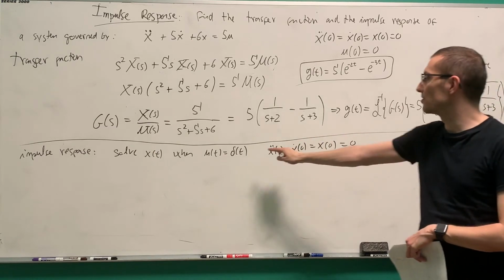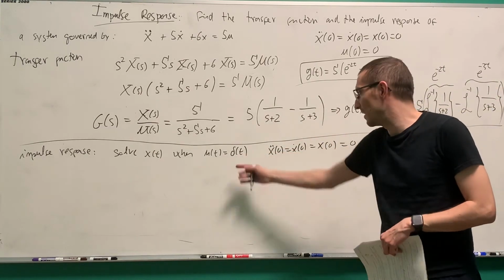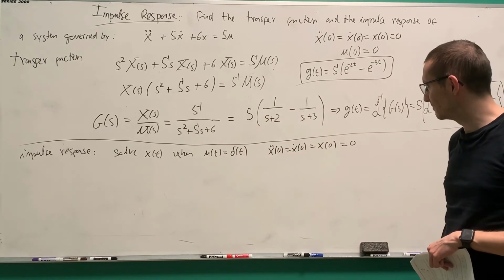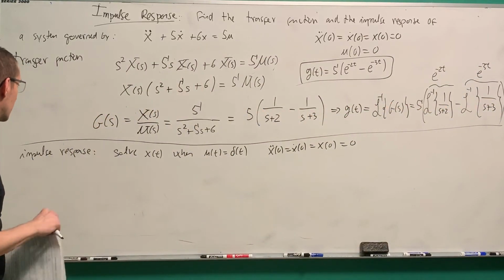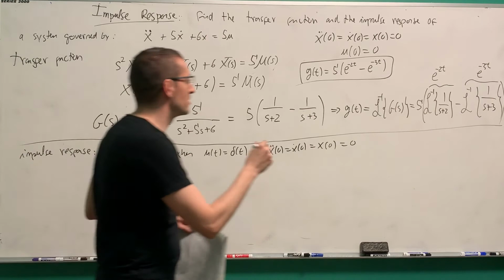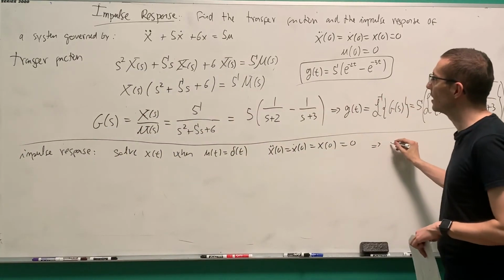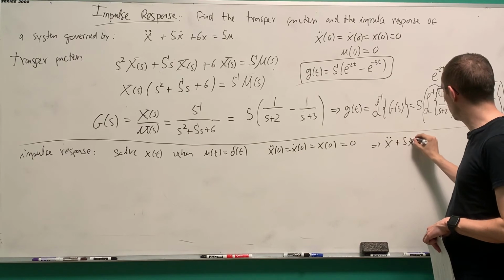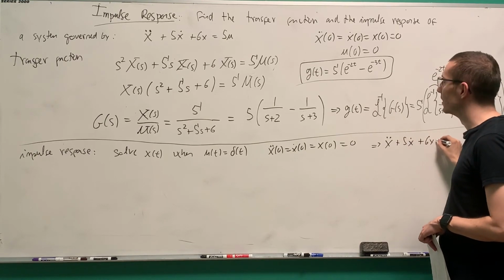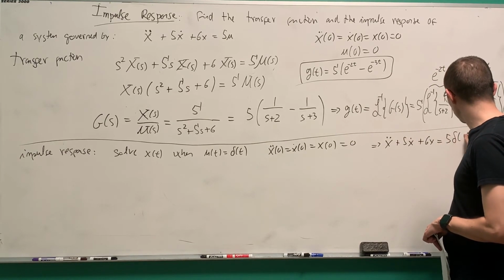But no assumptions on u in this case because it's given. You cannot make assumptions on things that are given. So let's do it. The equation we get is x double dot plus 5 x dot plus 6x equals 5 delta of t.